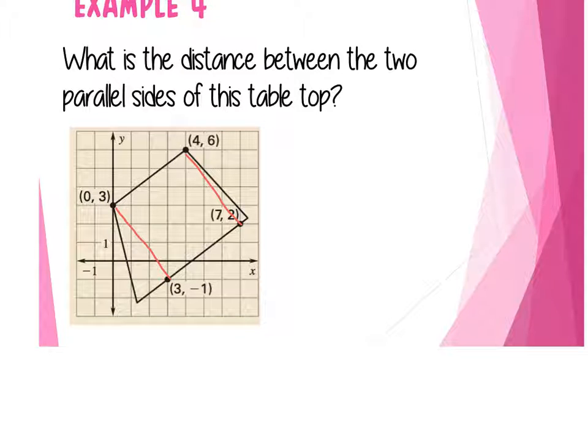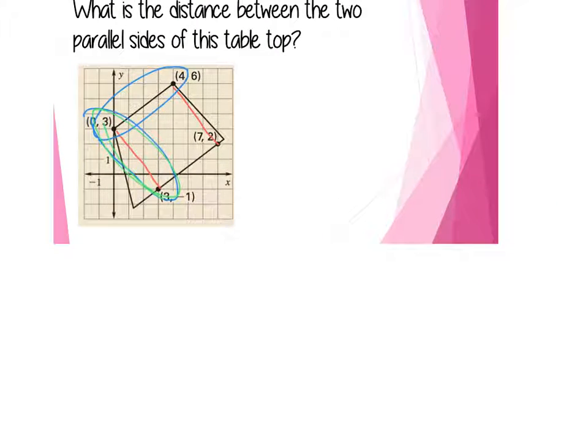So the first thing I need to do is confirm that these are parallel segments. So I'm going to calculate the slope of this and the slope of this. And then once I do that, I'm going to make sure that they're opposite reciprocals. If they are, then I can calculate the distance of this segment. So first thing I'm going to do is calculate the slope.